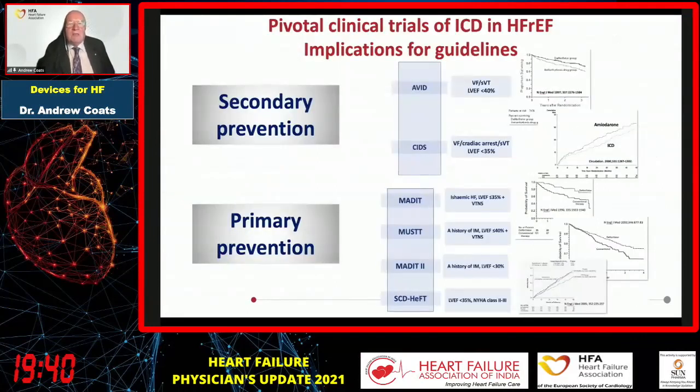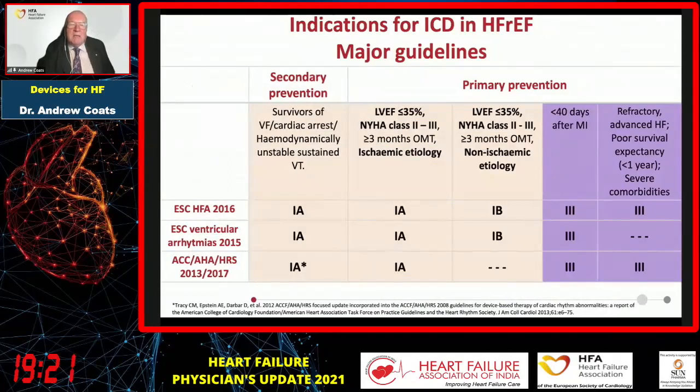Now, we know in established guidelines, there are two major devices that are well established, and that is ICDs. Pivotal clinical trials have shown the benefit in certain circumstances in secondary and primary prevention of sudden arrhythmic cardiac death, often measured by total cardiovascular mortality. So we get guidelines that are fairly consistent there.